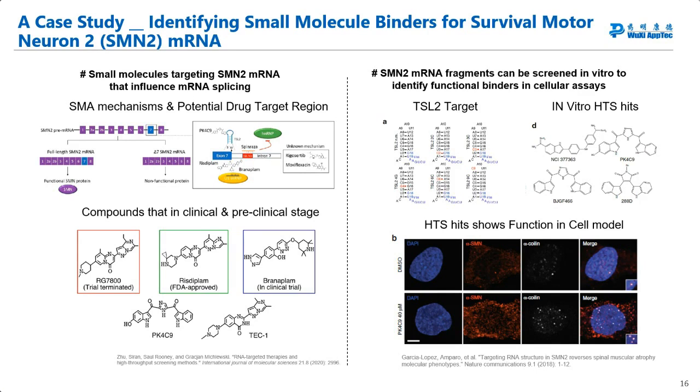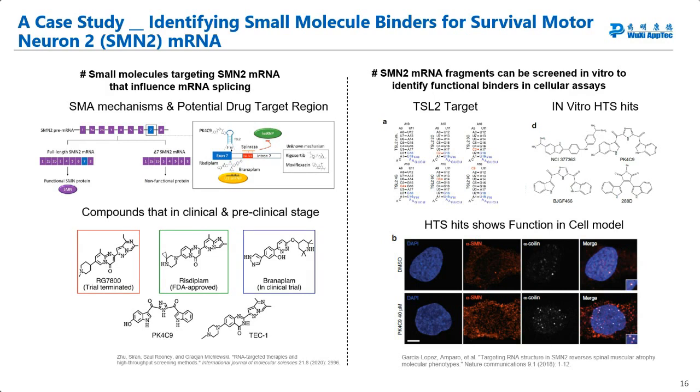It is well known that SMA is caused by deletions or homozygous mutations in the SMN1 gene. Another copy of SMN1 is SMN2. These two genes are nearly identical.